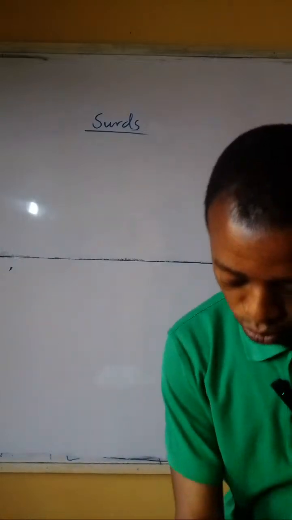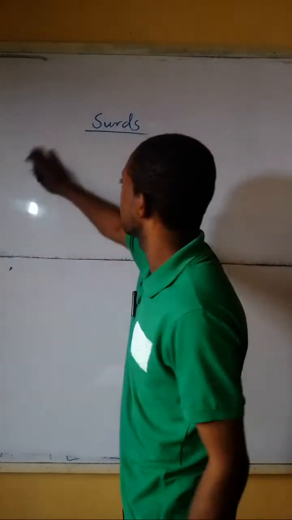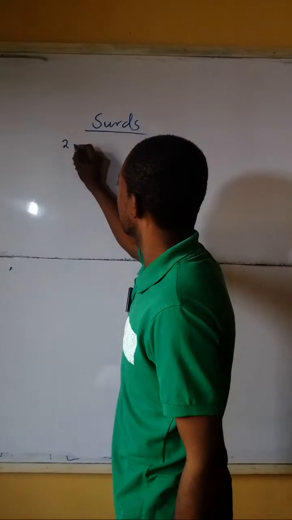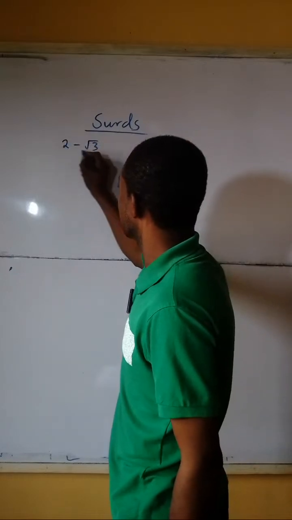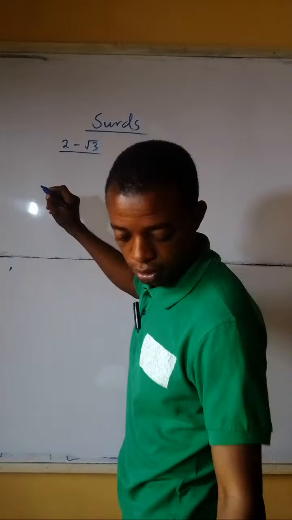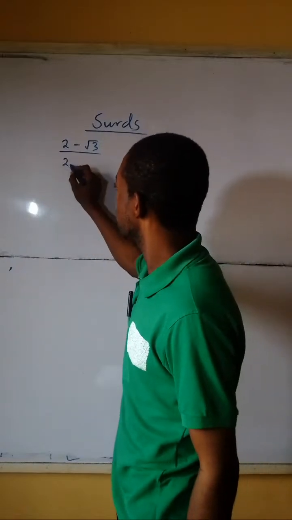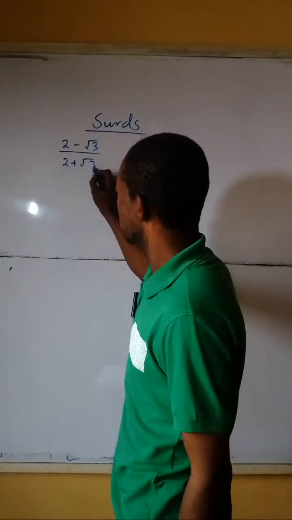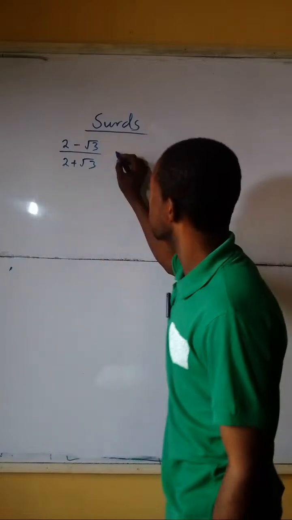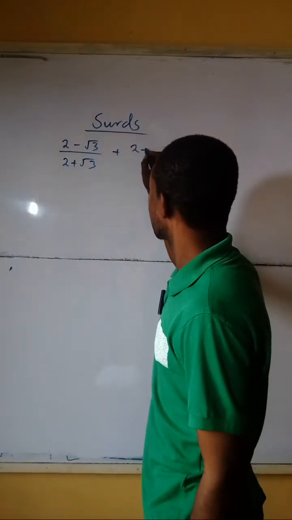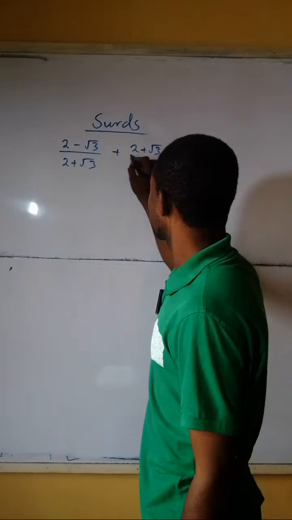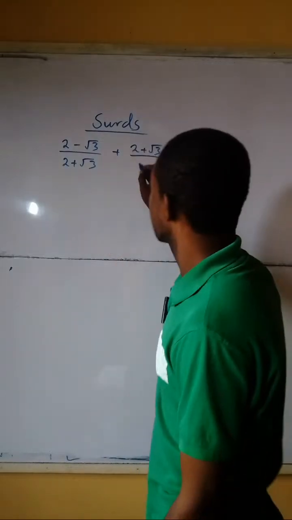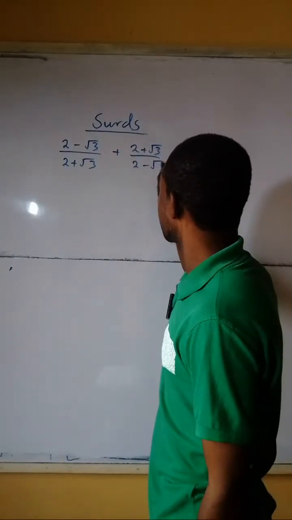We have 2 minus root 3 divided by 2 plus root 3, plus 2 plus root 3 divided by 2 minus root 3.